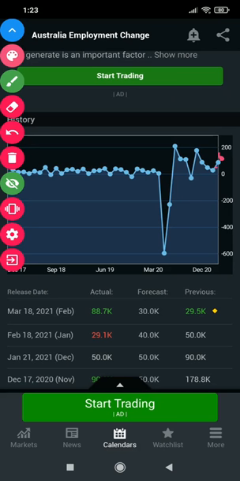It should just be in the middle, which is what we got there, and that's how it was able to beat the forecast. So AUD employment change was also positive, as you can see, and even on the chart it was positive. So the strategy was still being respected.